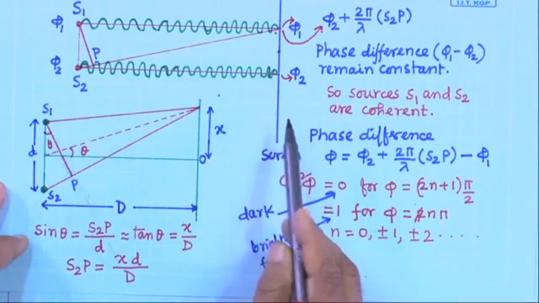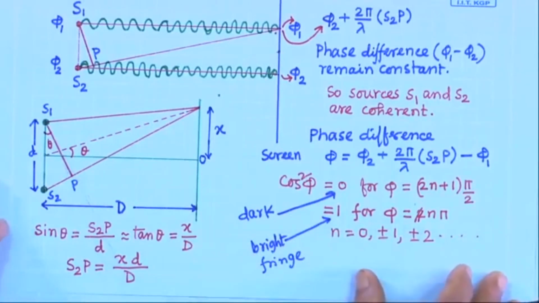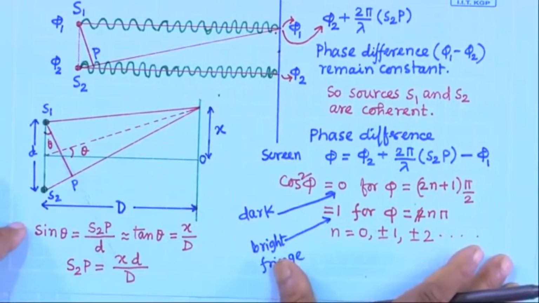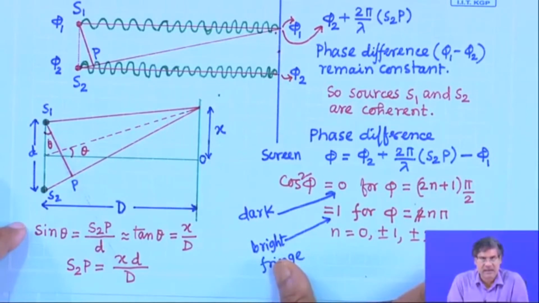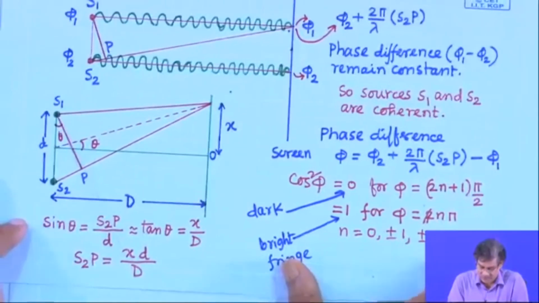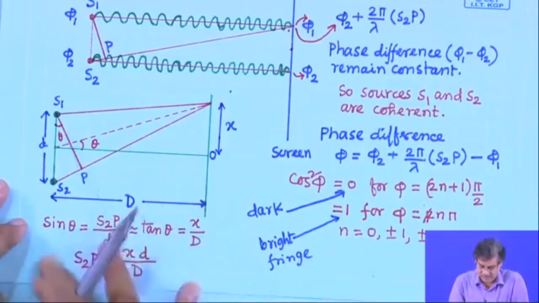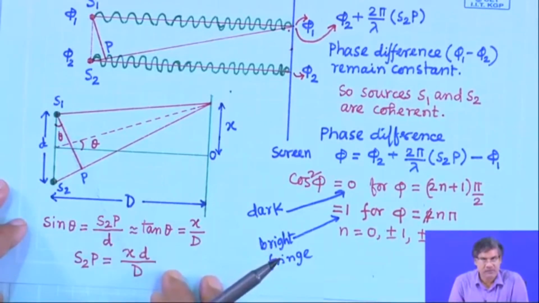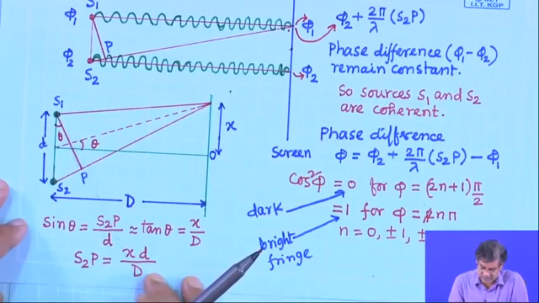On the screen we will see the variation of intensity, a dark and bright pattern. These are very useful derivations for interference. In many places we will use this one.